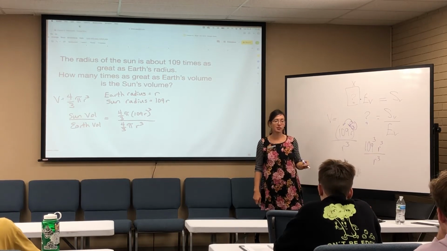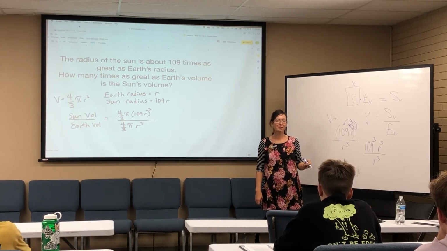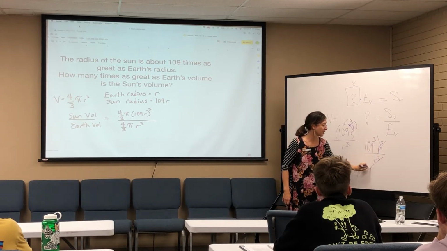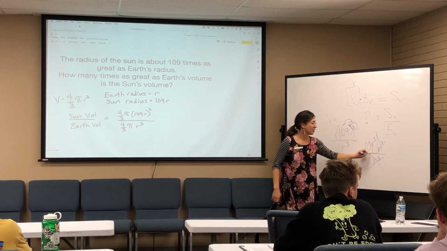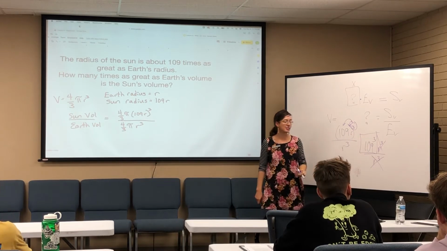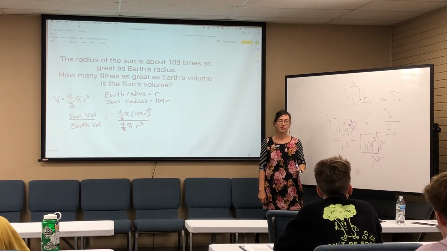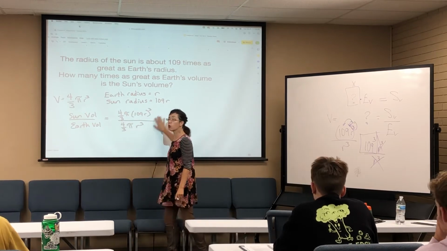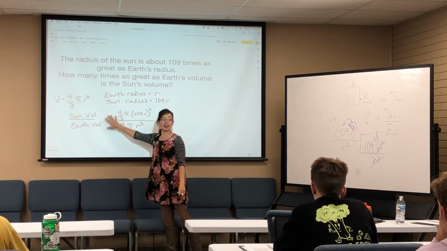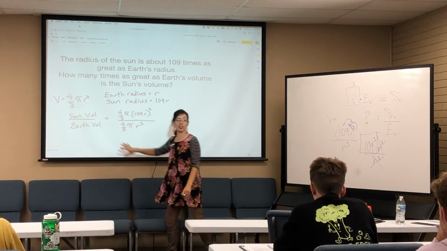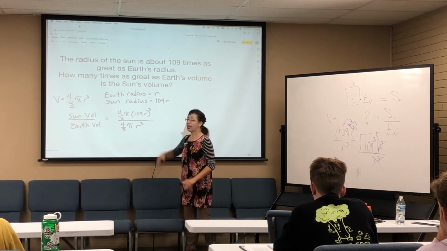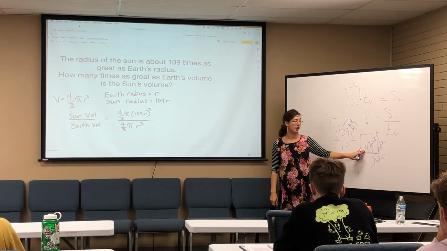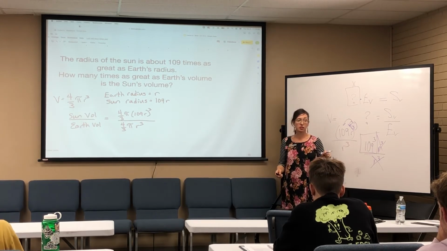Now, what's my next step? Cancel out the r's. So now the only thing I need is 109 cubed. So we were able to take something that initially looked super messy with pi and a fraction and all of that, and end up with really the only thing that I need to be plugging in is 109 cubed.